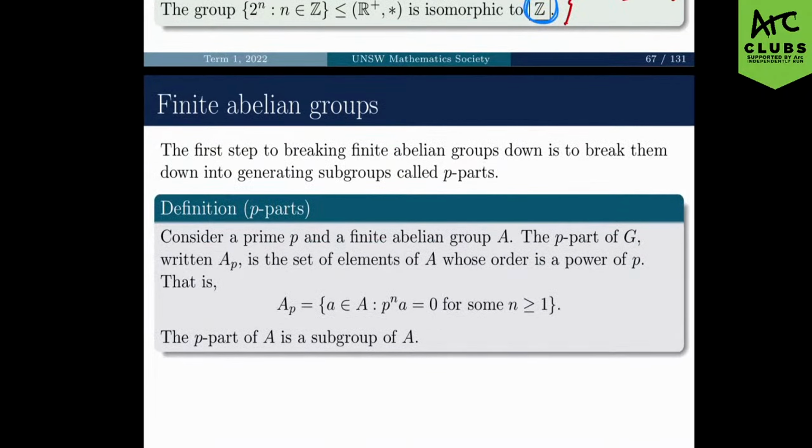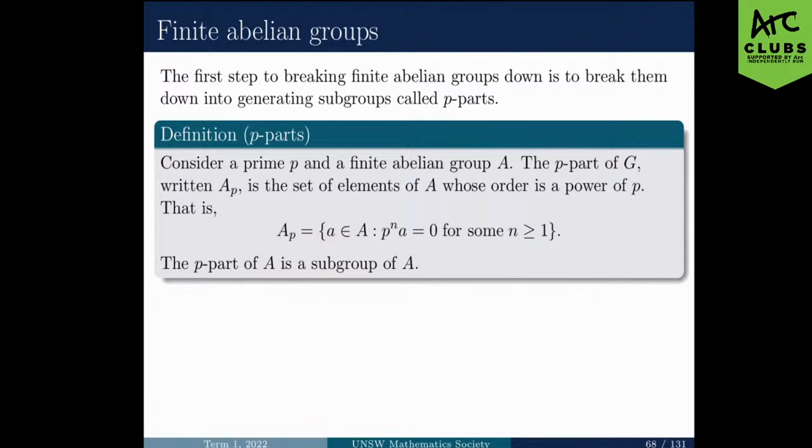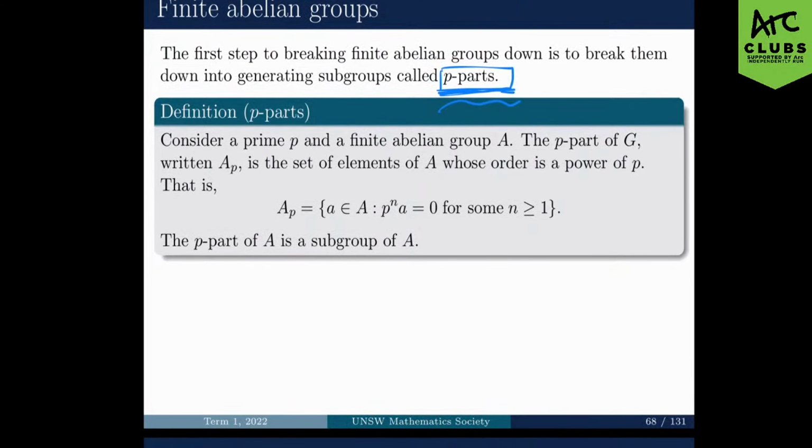Cool. So to break a finite abelian group down, the first thing you can do is to break it into generating subgroups, which we call the p-parts of the group. So what is a p-part? The definition of a p-part is all elements a of this set such that p to the n times a is equal to 0 for some n greater than or equal to 1.